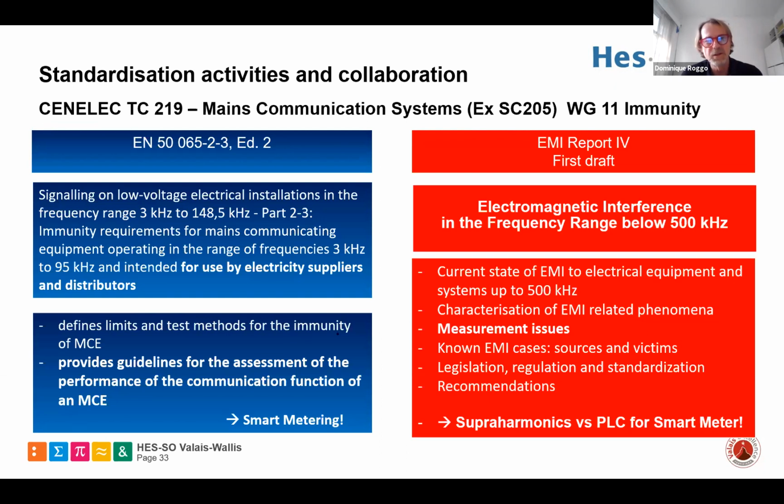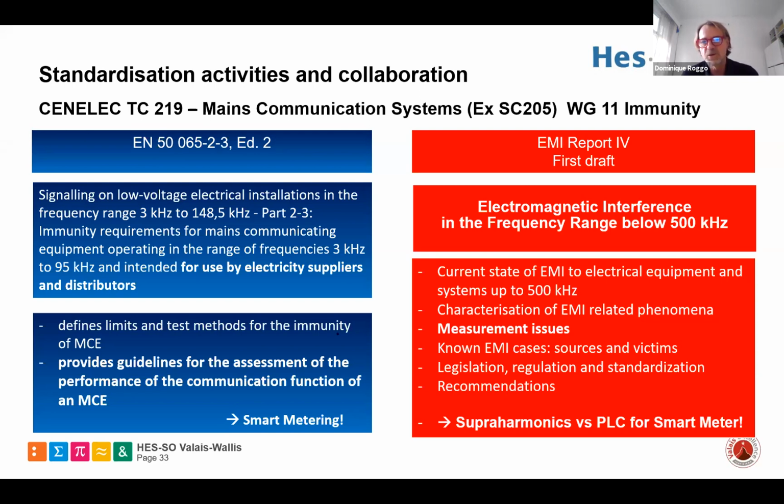So the standardization activities are very much summarized in collaboration with working group 11 of CENELEC TC 205, mains communication systems. There is an immunity standard for power line communication devices dedicated to smart grid infrastructures. And then there is an electromagnetic interference report.